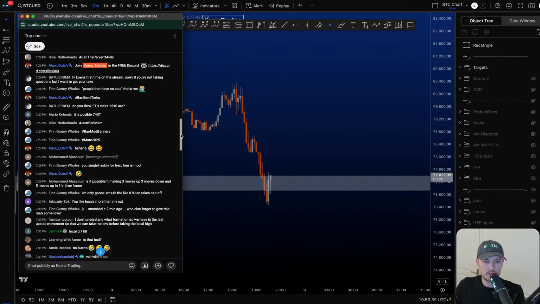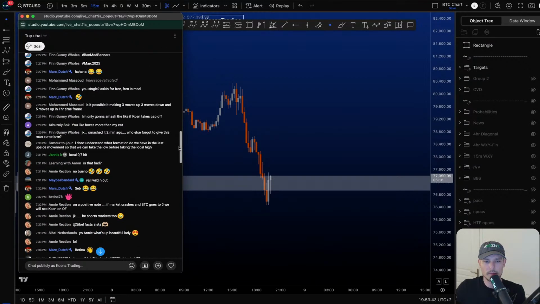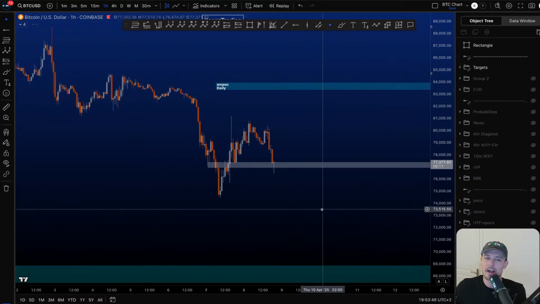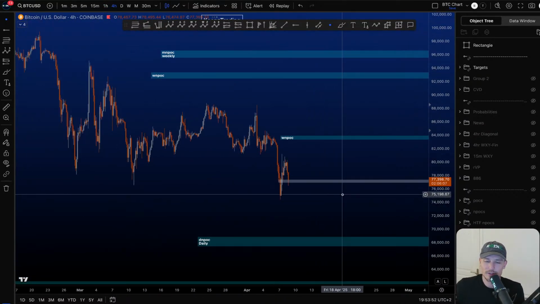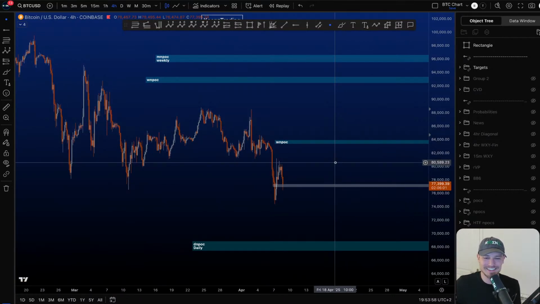Then we continue. Is it possible 74K? Yes. But, and this is what I mentioned in the morning update, ideally I like to see 83K. It's also because I want to short after the resistance hits at 83 if the opportunity is there.